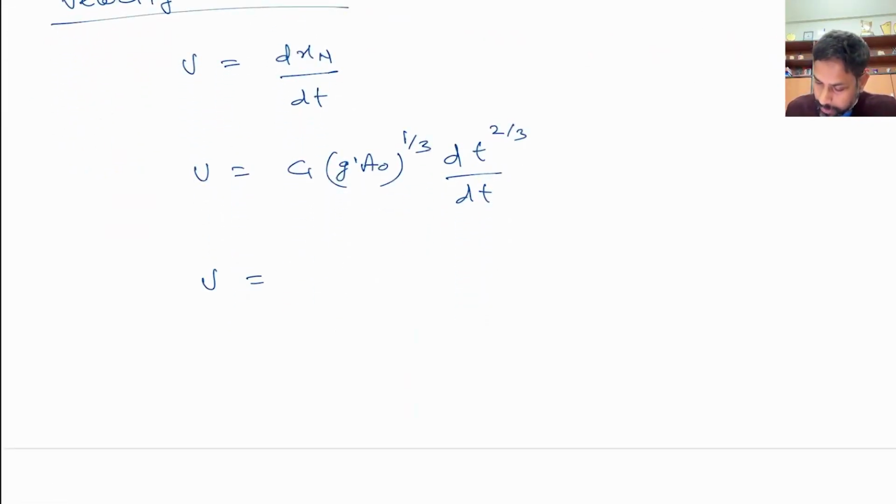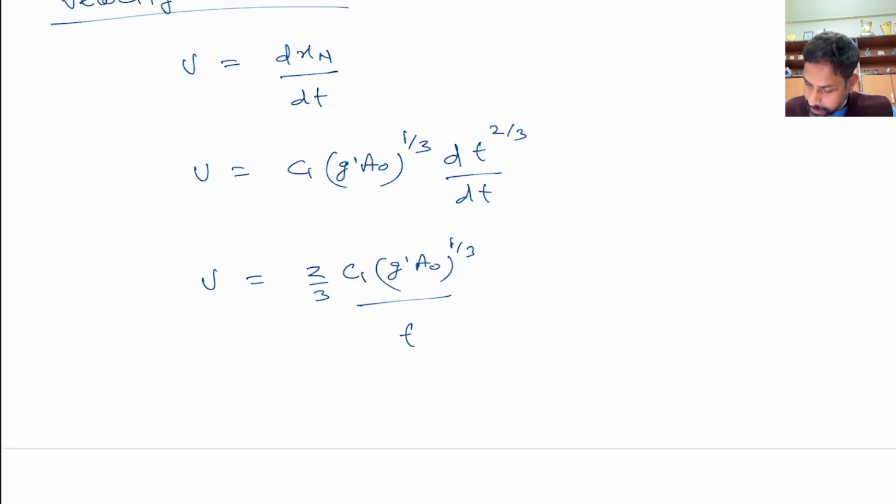So u is 2/3 C1 (g prime a naught)^(1/3) times t to the power minus 1/3.